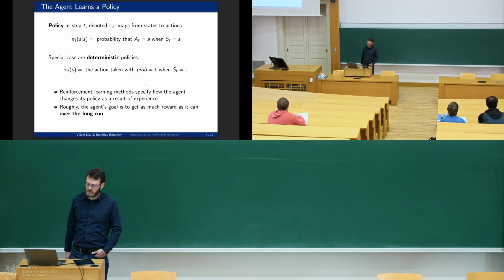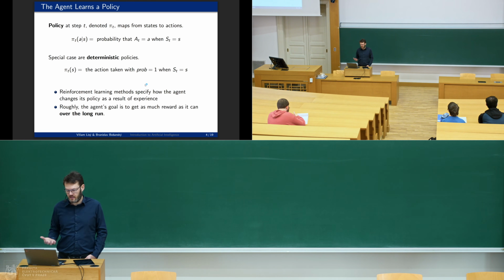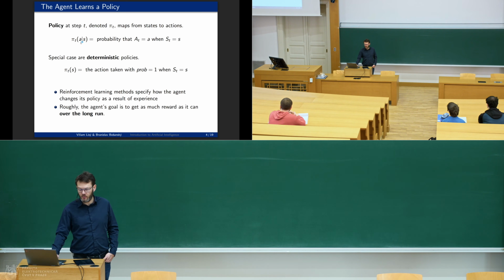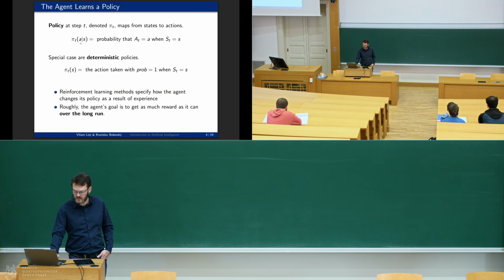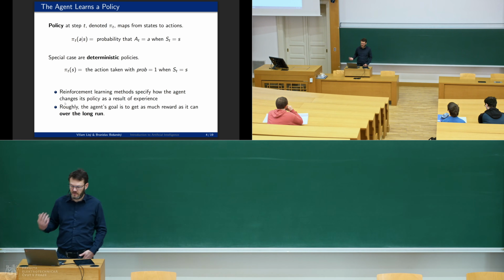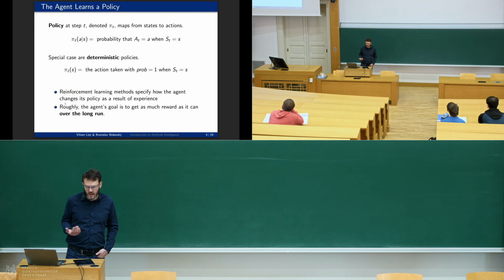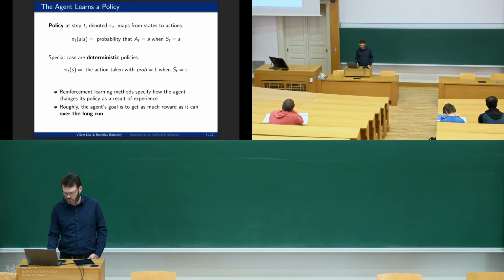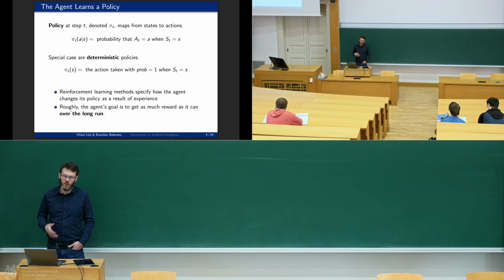And we were talking about, at the very end of last lecture, policies, that in these MDPs we'll be searching for policies, which are probabilistic mappings from states to probability distributions over actions, and they can be probabilistic or deterministic. Usually they are probabilistic, and reinforcement learning is trying to specify methods, algorithms, for how to improve this policy based on new data, new experience, in order to maximize the reward over the long run.